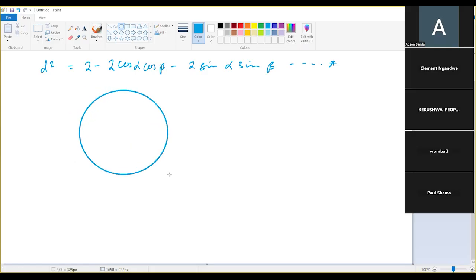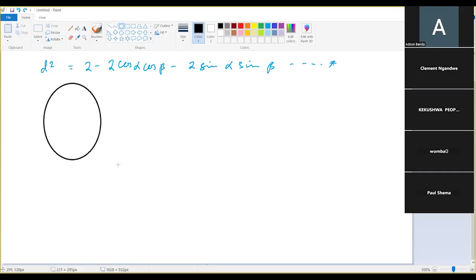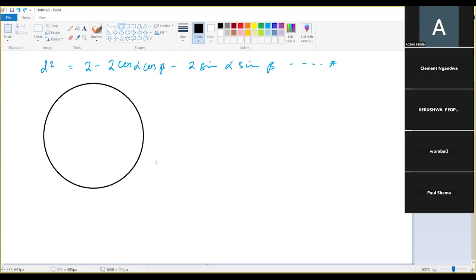So now we're saying that we can try to move the point. Let me try to draw the triangle again. Again, we are considering a unit circle.